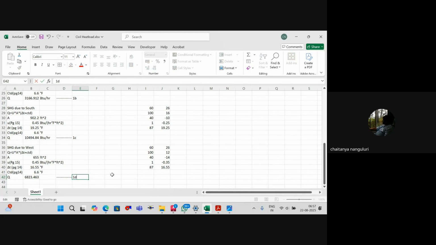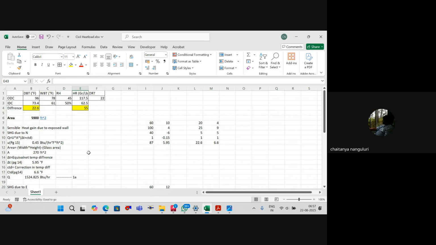You agree? Yes, sir. Now what we can do is calculate the total sensible heat gain due to exposed wall, which is the summation of equations 1A to 1D. You agree or not? Yeah. Right.